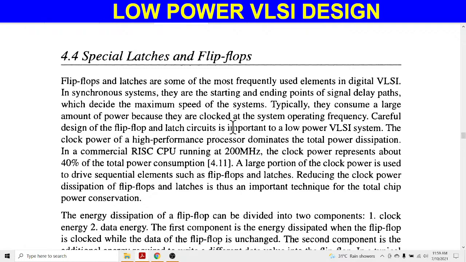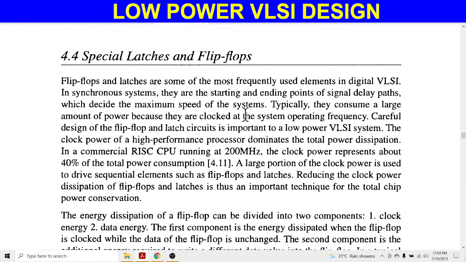So we can say in a synchronous circuit, these elements are connected at the starting point and end point of any path. When we connect these elements at the starting point and the end point of any path, it provides the timing interval that we require. Because a flip-flop works on the clock pulse, it consumes a very large amount of power.